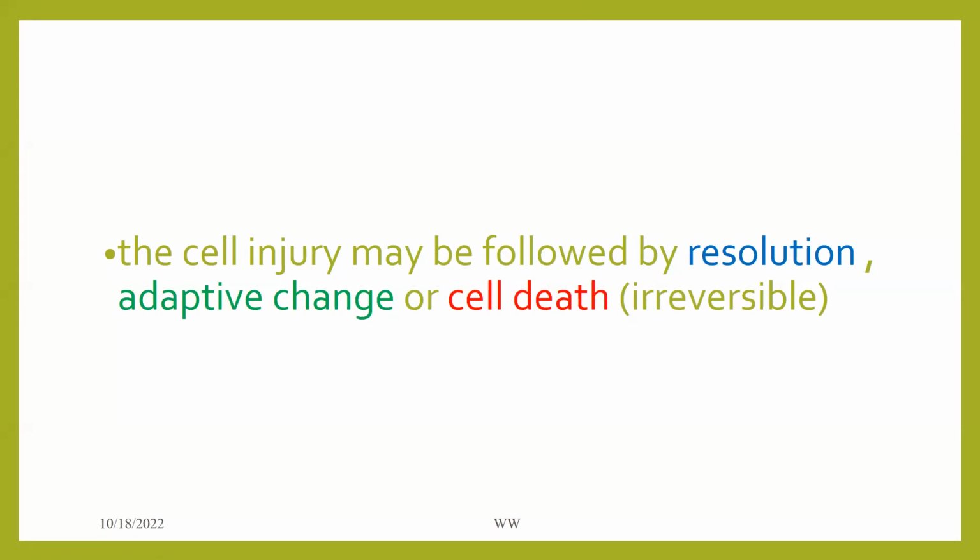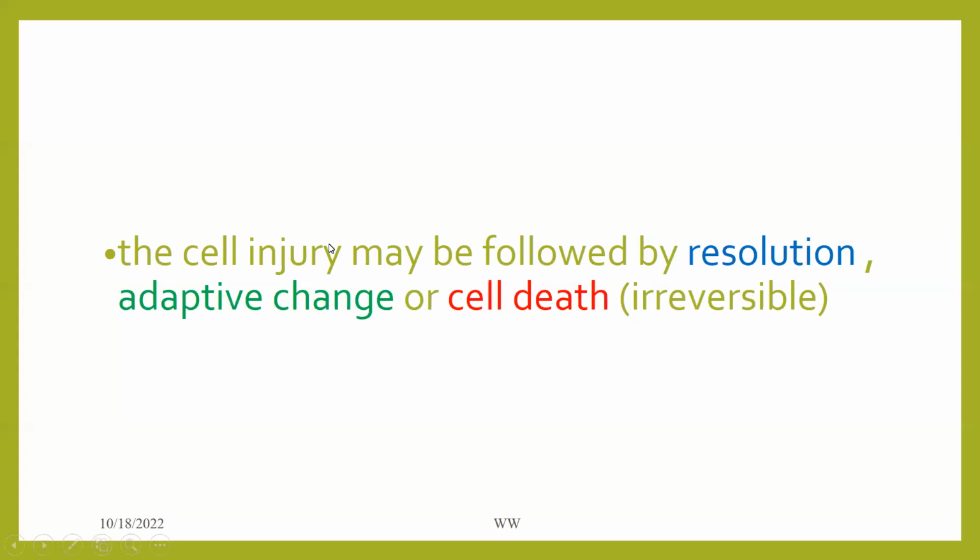Living in a polluted environment, you're inhaling things that are constantly irritating your respiratory tract, or if you're ingesting hazardous drinks like the changa, adulterated local brews, then you will also get irritation in the GIT, and you end up with an adaptive change. So adaptive change is to try to cope with the continuous irritation to the cells at a given site. The cells react by adjusting to cope with the new stress.